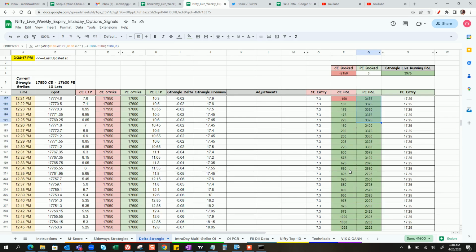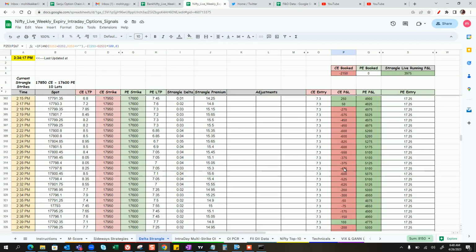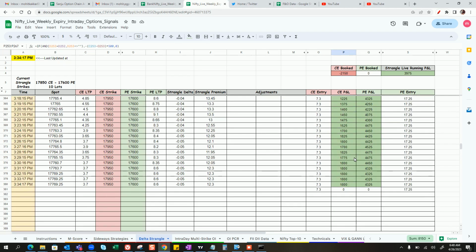If I go towards the end of the day, this call also started to give some profits, then it went into loss again. Towards the end of the day you get 1800 in the call, or 4000 something in the put, and we booked the loss of 2150.